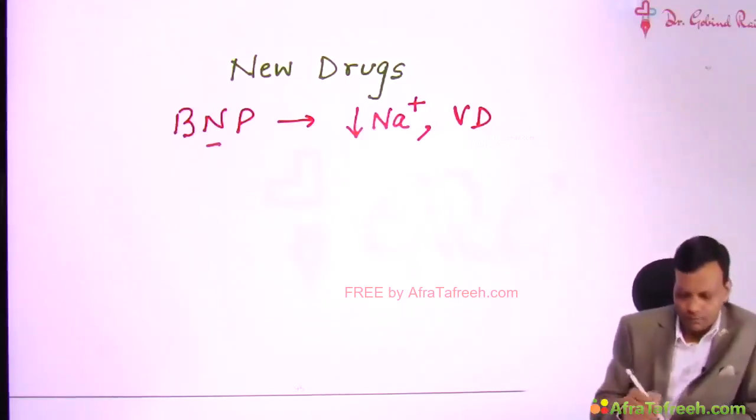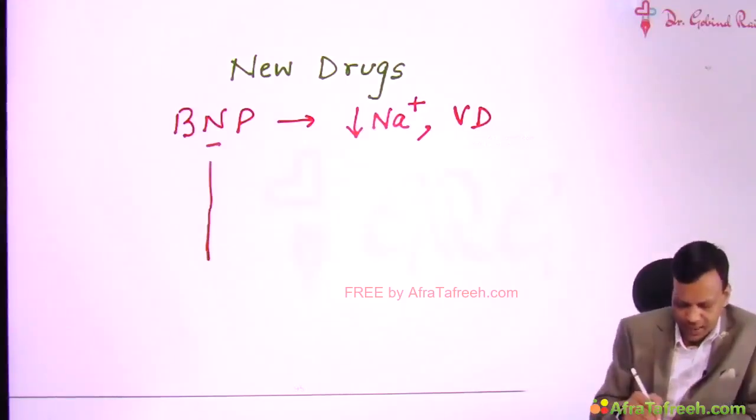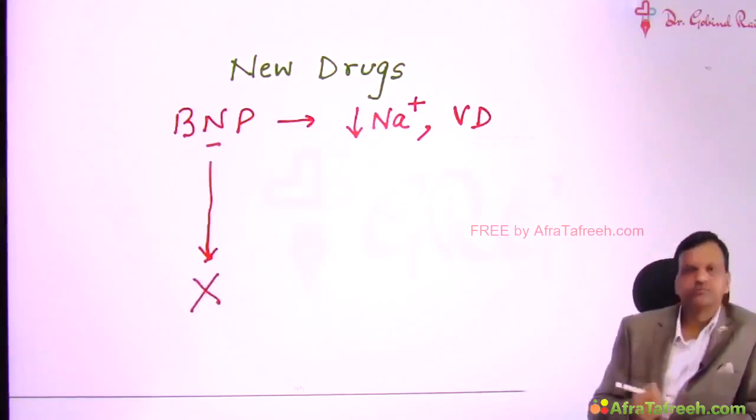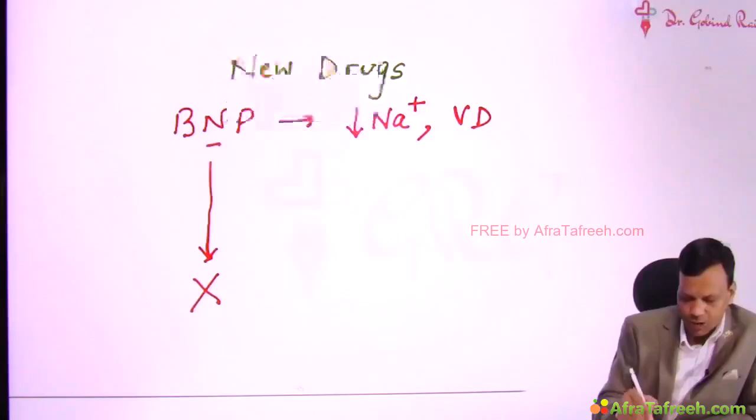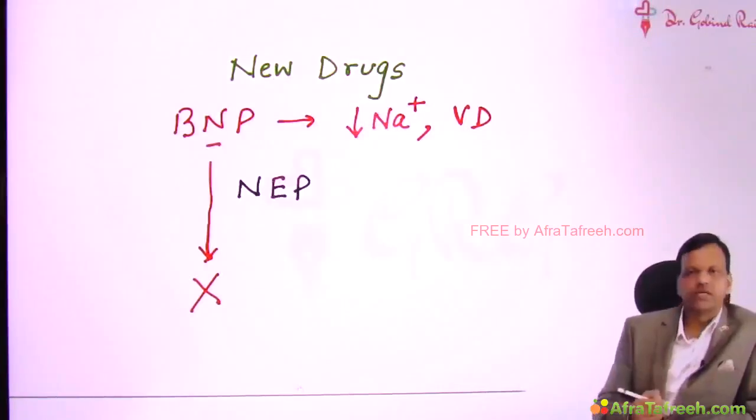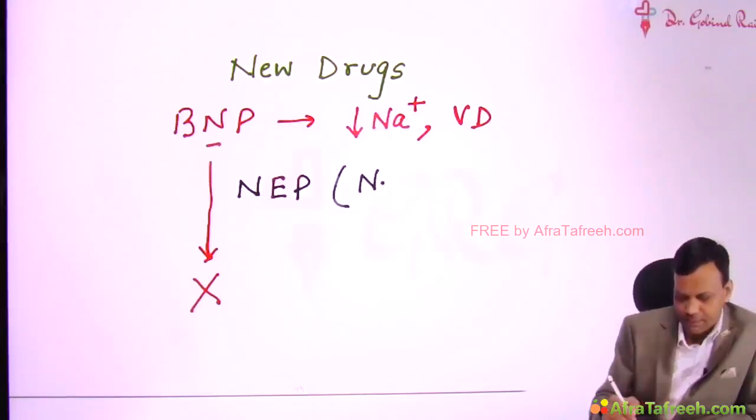After production, brain natriuretic peptide is metabolized. And the enzyme which metabolizes this is called neutral endopeptidase. The other name of this enzyme is neprilysin.